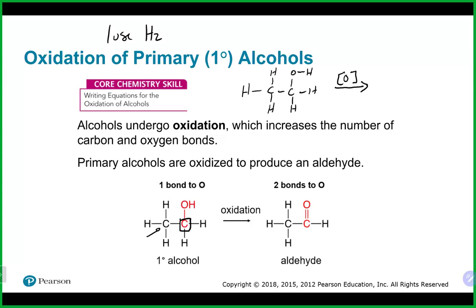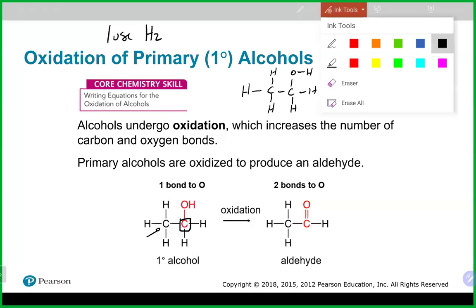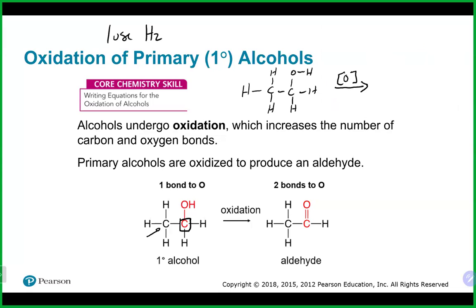We lose H2 100% of the time, always right here at the carbon-oxygen bond. That is always where you're going to remove your H2 from. For sure, you're going to grab the hydrogen that's attached to the oxygen.